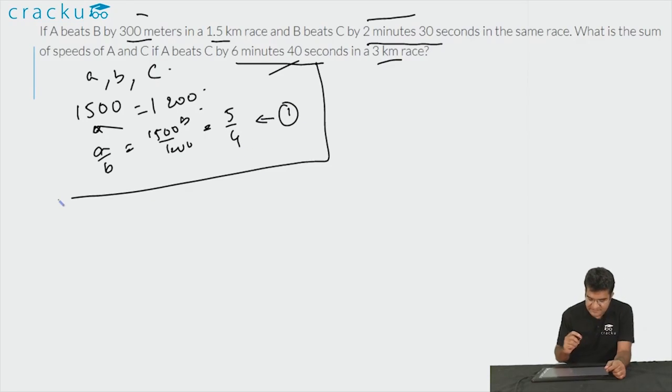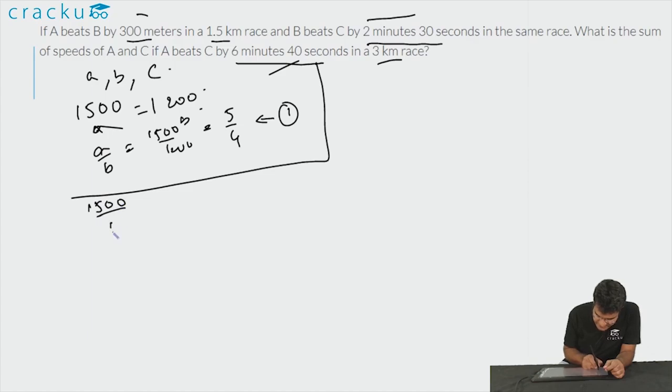In the second equation, we are told that B beats C by 2.5 minutes in the same race. So 1500 by b, this is the time taken by B, and 1500 by c, this is the time taken by C. Now C takes more time, so this difference equals 2.5 minutes, which is 150 seconds.